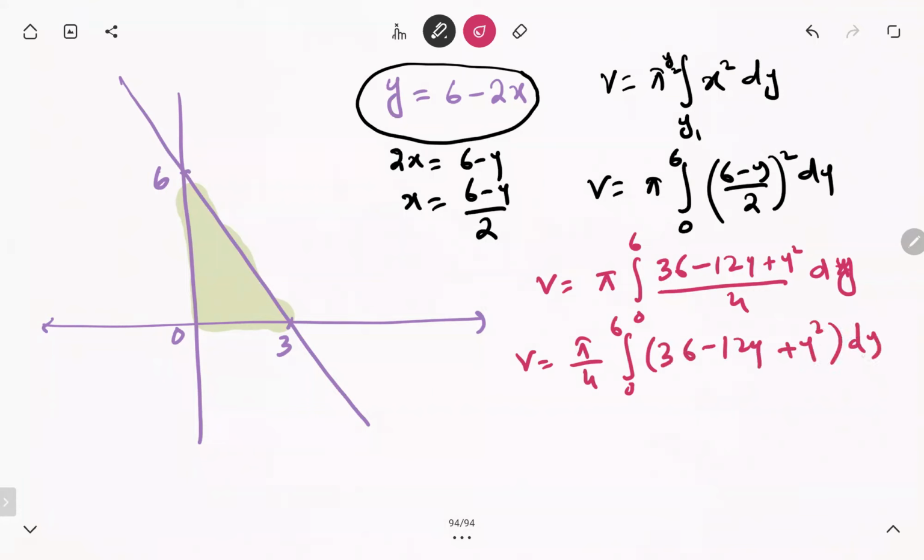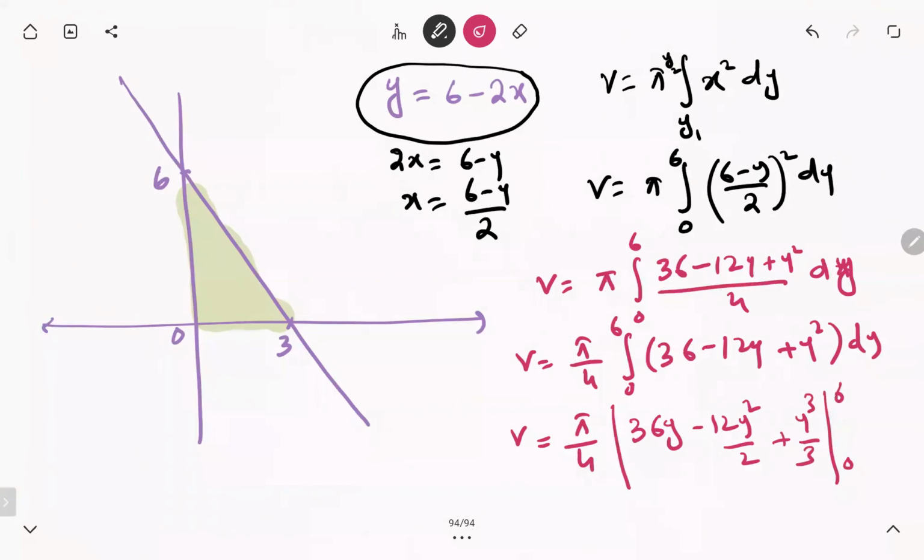So I kept that 4 outside. Now integrate this. You will get 36y minus 12y square by 2 plus y cube by 3, and the limits 0 to 6 we need to put. Use your calculator, you will get the answer.